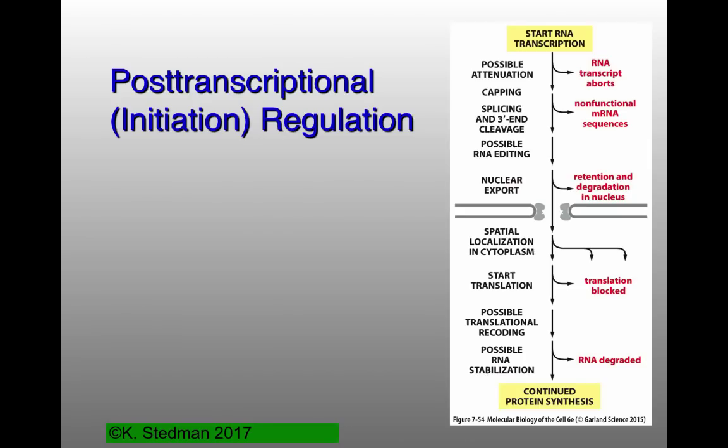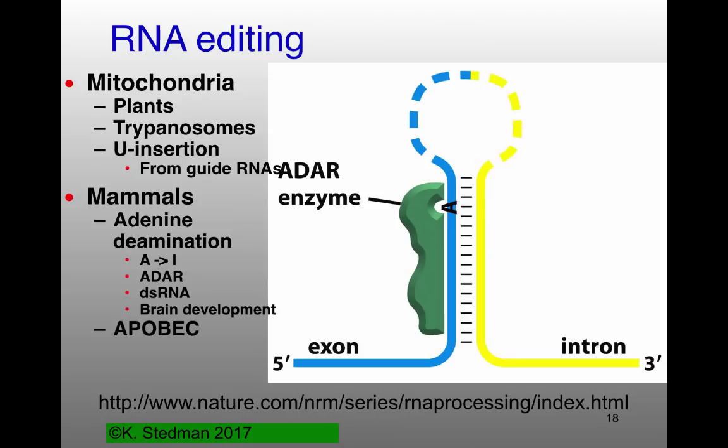That's transcriptional regulation. Post-transcriptional regulation, we talked about a number of different things, but I did want to specifically mention RNA editing, because I think I did a really crummy job of explaining this the first time around, so I wanted to give myself a second chance. The ADAR enzyme. So ADAR stands for adenine deamination acting on RNA. So I went back and looked that up.